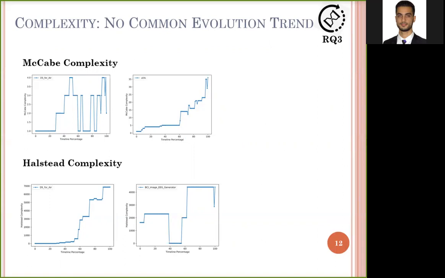In McCabe, we see that it's fluctuating, and here it's an increasing trend. Same here for the Halstead complexity. We can see the same project reacting in a different manner. In the Halstead complexity, it was increasing. However, in the other metric, same project, it was fluctuating.